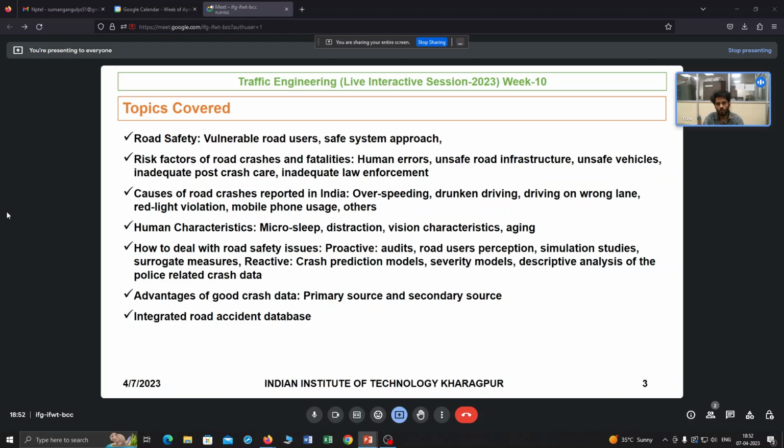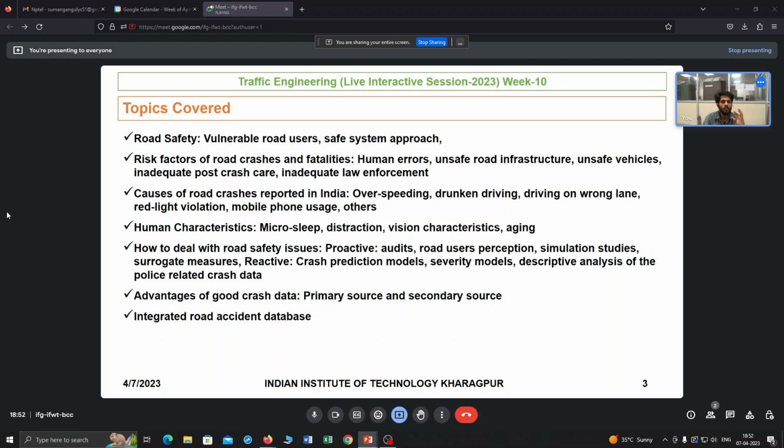Also, suppose accidents occur. We cannot say that accidents won't occur; accidents sometimes may occur. In case an accident has occurred, we want to reduce the fatalities by providing emergency services. But maybe you do not have an ambulance ready for that.